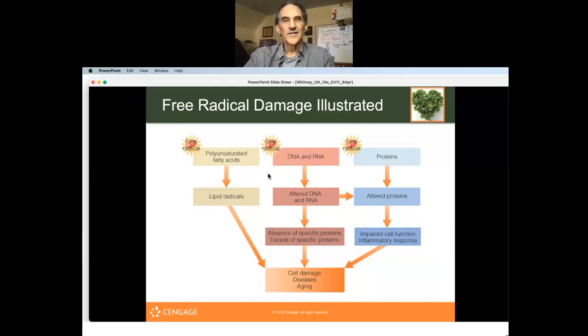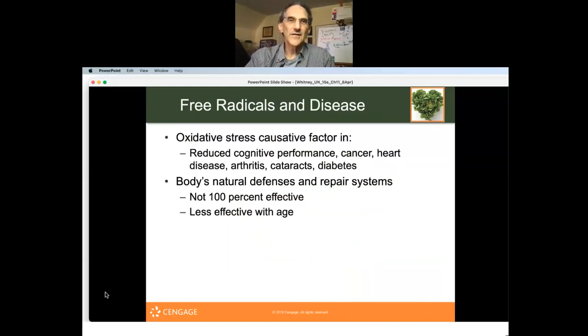They're very important for cell membranes, and they could produce more radicals from the lipids, from these fatty acids, leading to cell damage and DNA damage. You can see the sequence: proteins, altered proteins that'll change or disrupt their normal function, and in the end, all leading to cell damage, diseases, and aging. So important stuff we're talking about here.